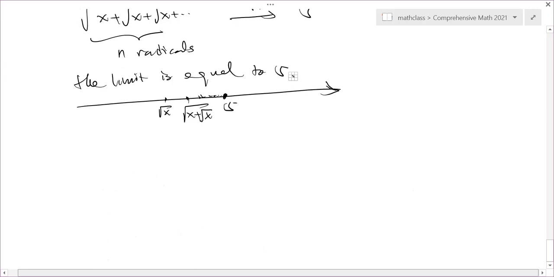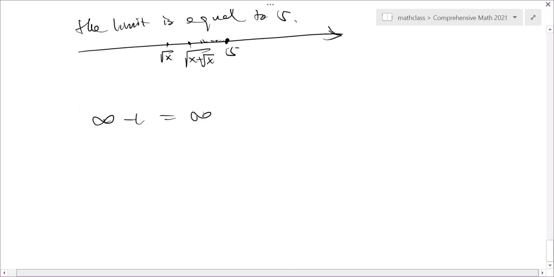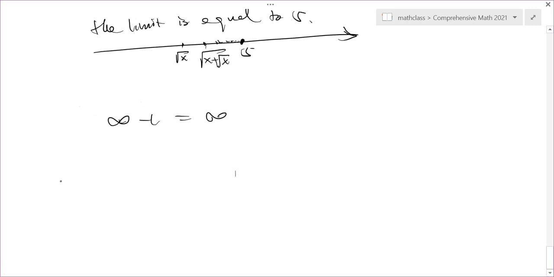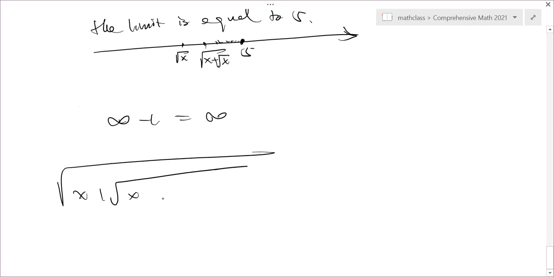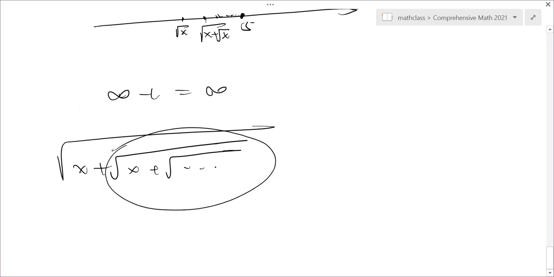I think in the limit case, infinity minus 1 stays infinite, so it's no difference. This is an important fact. So if we look at this part, do you think this part is the same as the whole expression? The answer is yes.